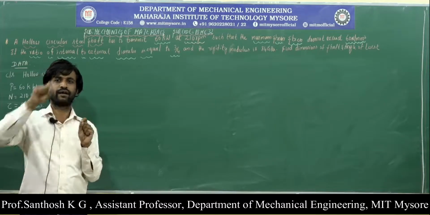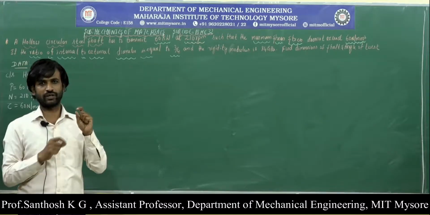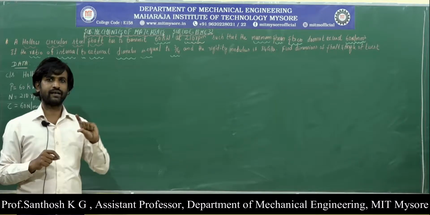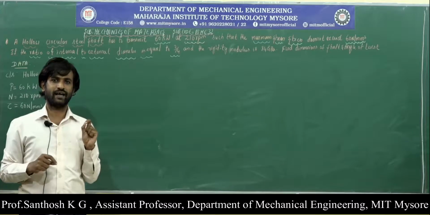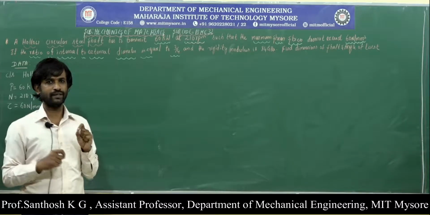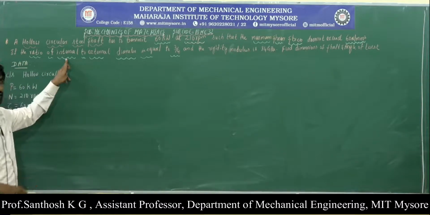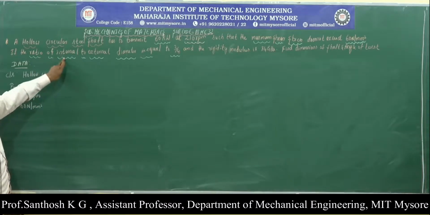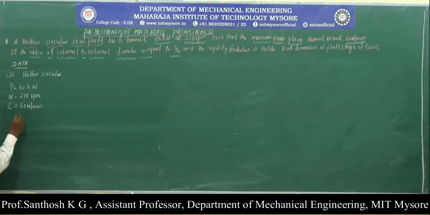One is the external diameter, denoted by D naught, and the other is the internal diameter, denoted by Di. So the ratio of internal diameter Di to external diameter D naught is equal to 3/4, or 0.75.